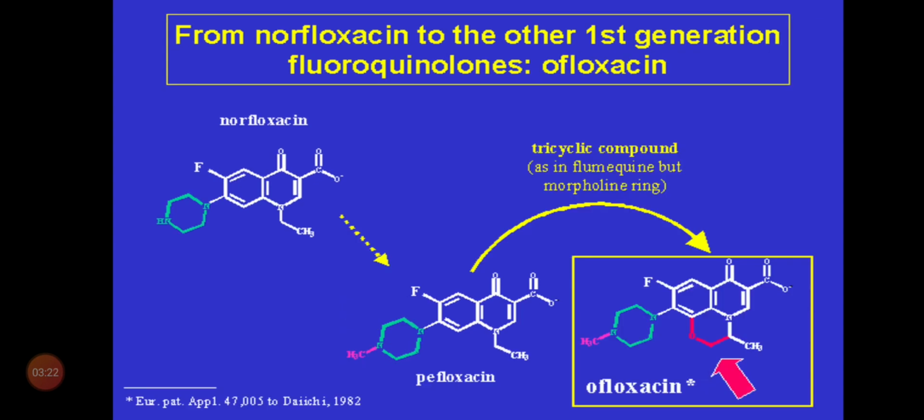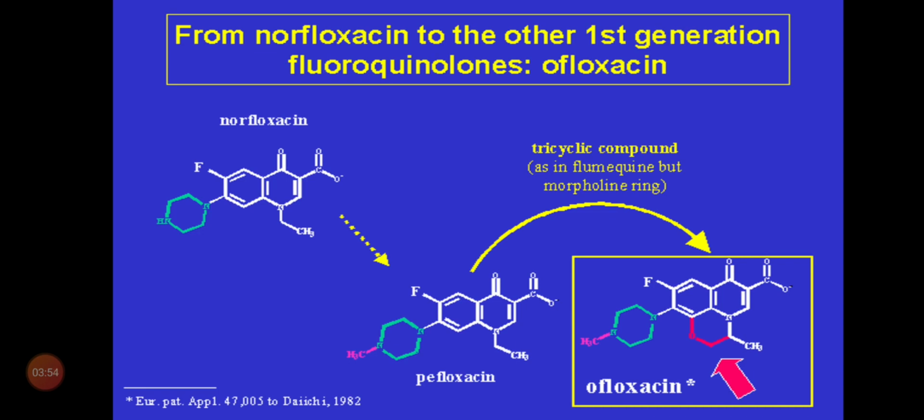Another example is from norfloxacin to other first generation fluoroquinolones, that is ofloxacin. So, norfloxacin to ofloxacin. In ofloxacin, the N1 nitrogen and C8 carbon are bridged by a closed ring, that is the morpholine ring.